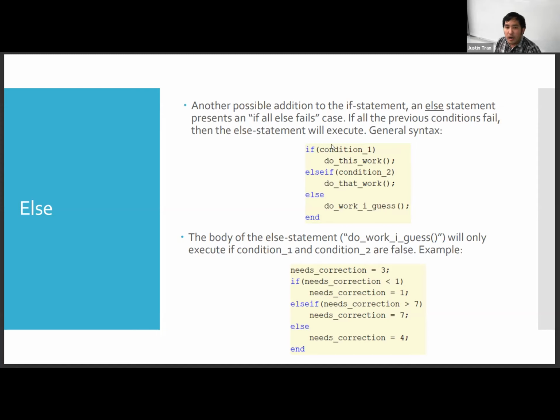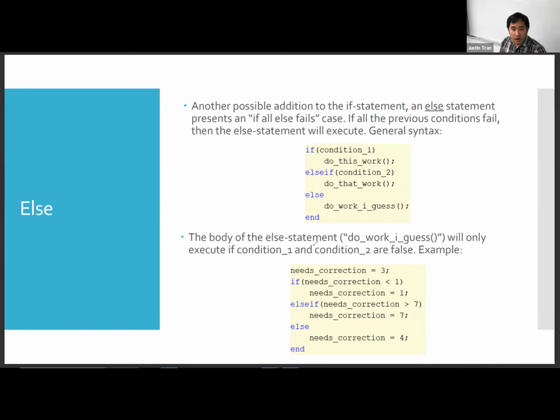The structure of the if else statement looks like this. You have a section of code given by else right here. In this case, we have an if and an else if, so if condition 1 fails and condition 2 fails, then we do the work in the else statement.